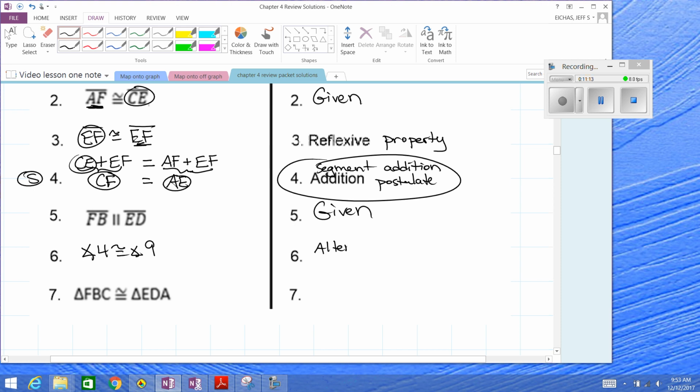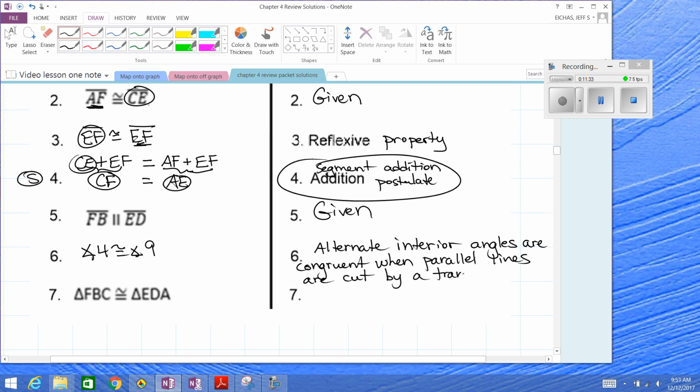So it's alternate interior angles are congruent when parallel lines are cut by a transversal. Now, this is because of our angle, side, triangle congruence theorem, or postulate, whatever your teacher used.